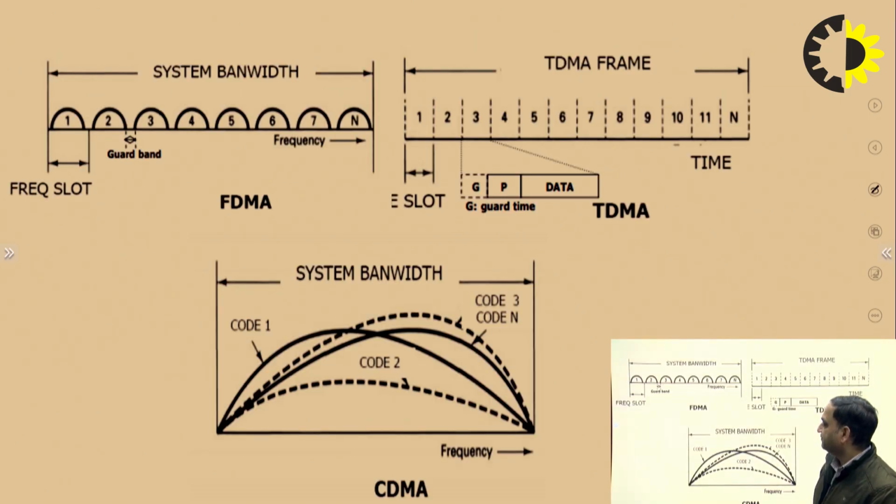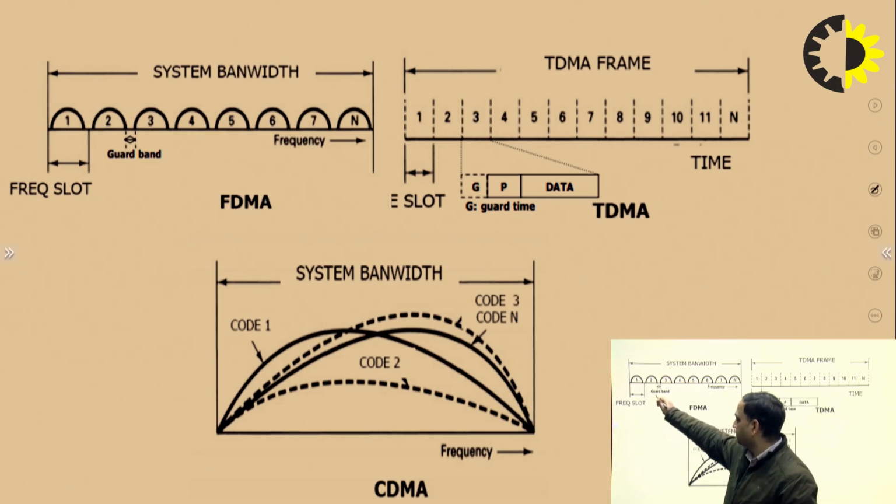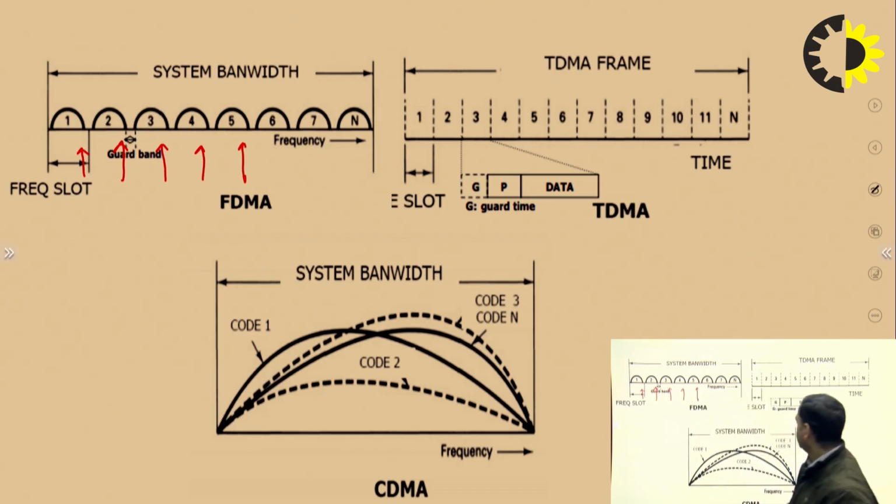If we combine all this in one slide, we can see that in the FDMA system, we first divide the complete frequency band into small subbands, and each subband is used to transmit signals. Similarly, in the TDMA system, we use time slots, and these time slots are allocated to different users.